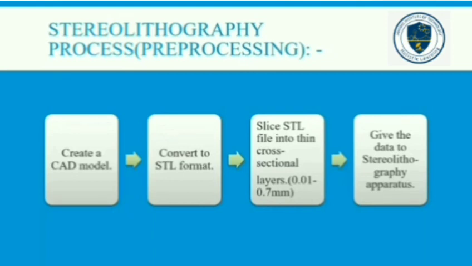Machine known format is STL. After that, STL format is sliced by thin cross-sectional layers from 0.01 to 0.7 mm. After that slicing, it will give to stereolithography apparatus. Here the slicing is very important to make the quality of the object.